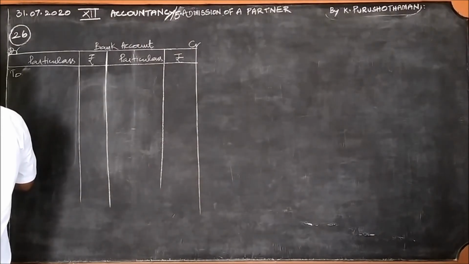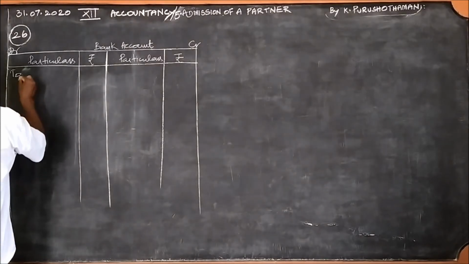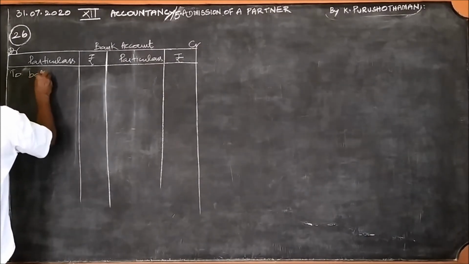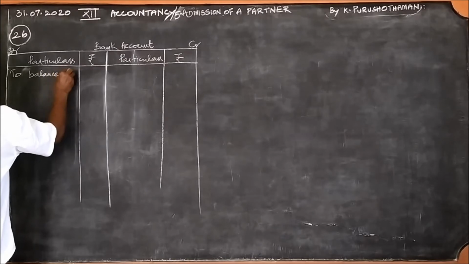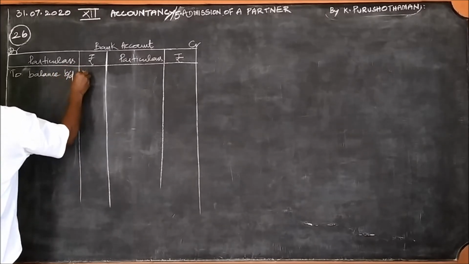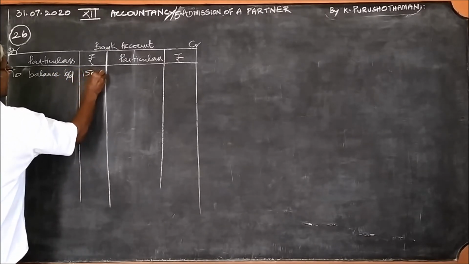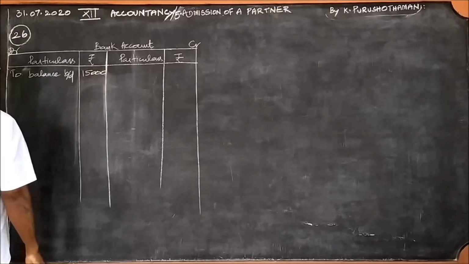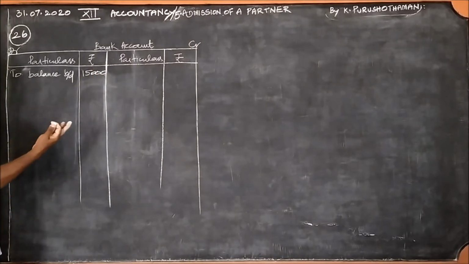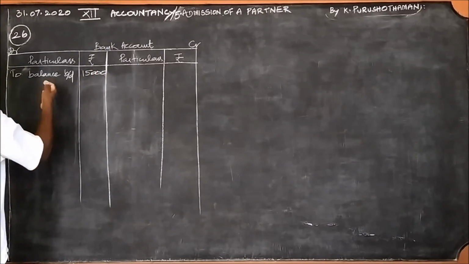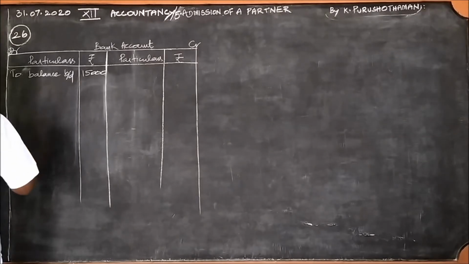Bank 15,000. You can see it on the asset side. That should be written as balance brought down, 15,000. In the capital account we write the balance brought down on the credit side, but in the bank account, we should write it on the debit side.